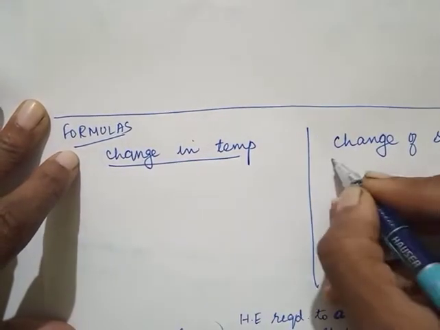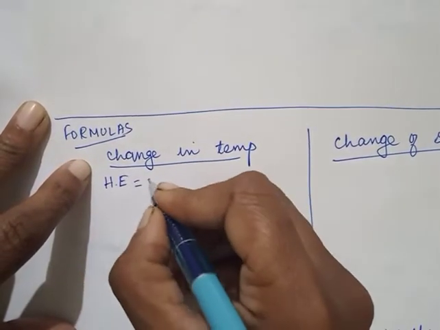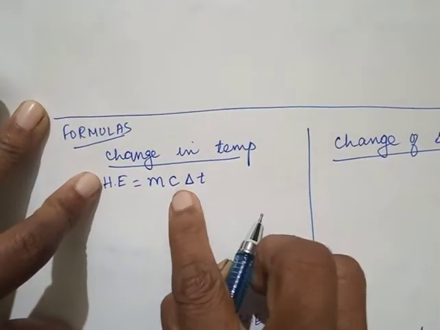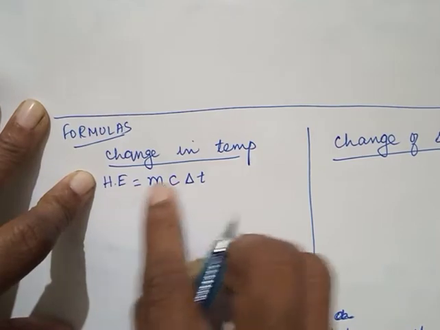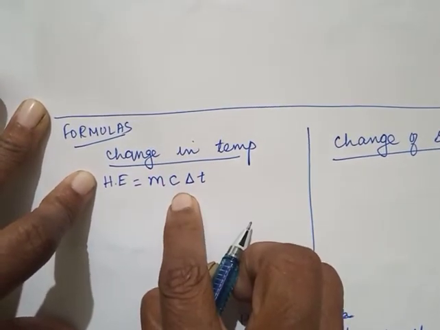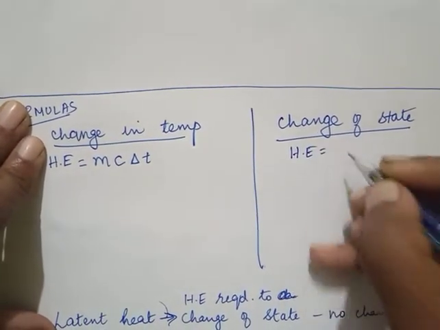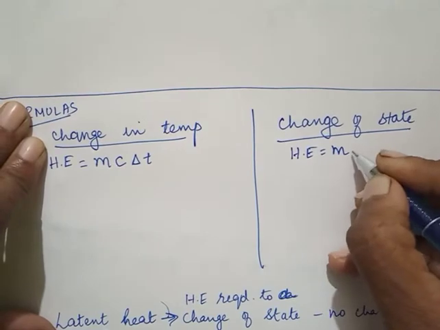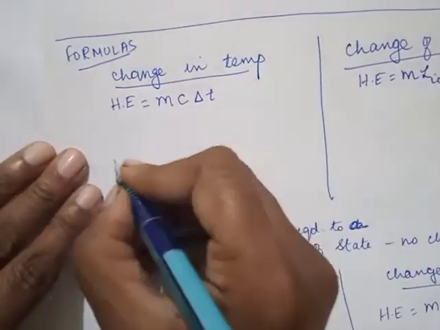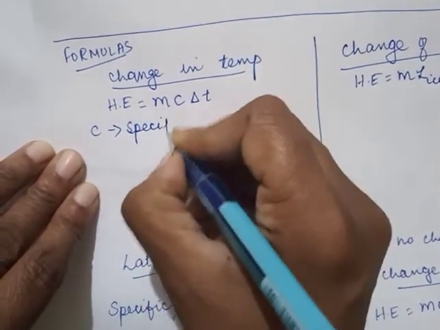During change in temperature, the heat energy absorbed or given out is mc del T, where c is the specific heat capacity of that material. If it's water, then water; if it's copper, then C of copper we have to take. During change of state, heat energy is M into L of ice.